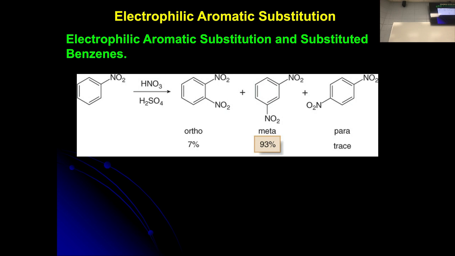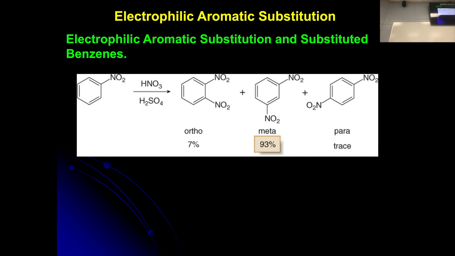So I've got my CH3 here. Is that an ortho, para, or meta director? It's an activator, right? So it's going to be ortho para, right? Okay? So I'm going to put a nitro group there. But I've got a lot more nitric acid and sulfuric acid. Where will the next one go?